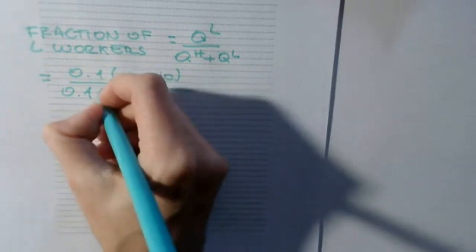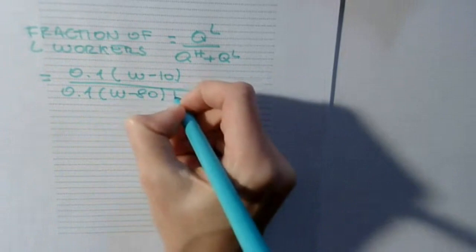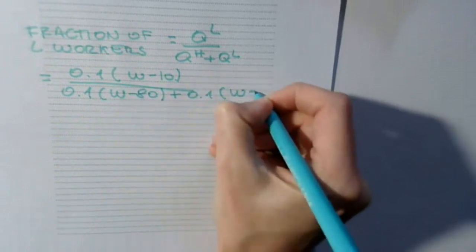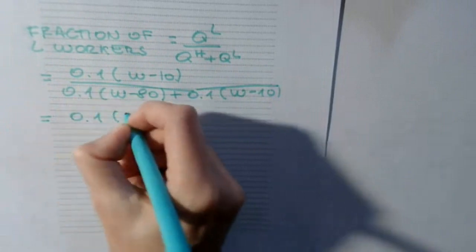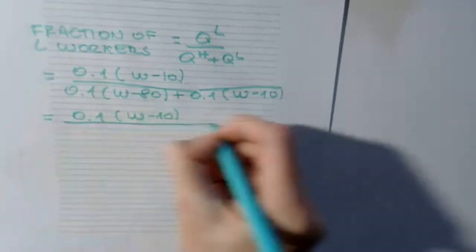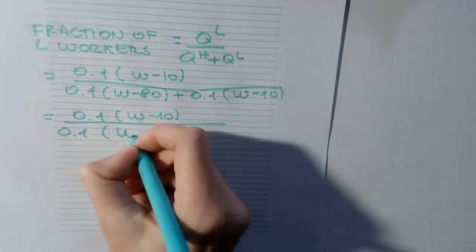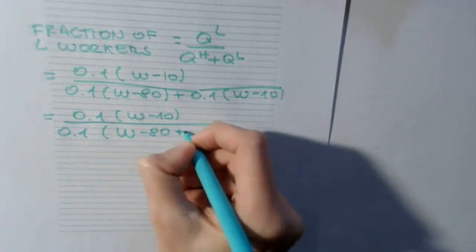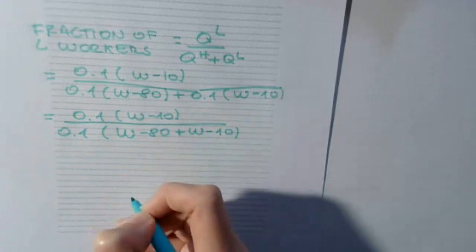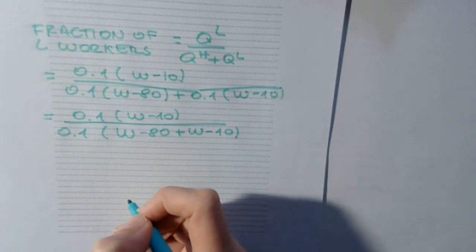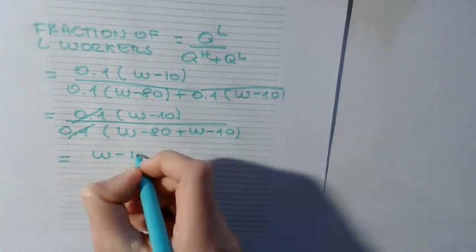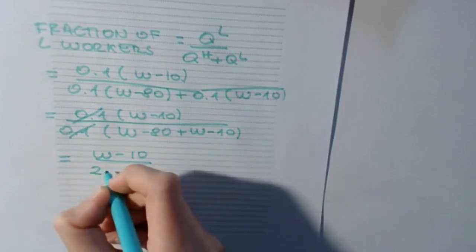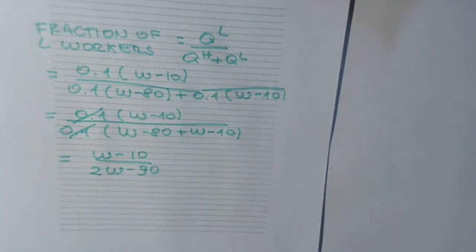So 0.1 times (W minus 80) plus 0.1 times (W minus 10). We repeat exactly the same. So we just find a way to simplify. 0.1 times (W minus 80) plus (W minus 10). And so here it goes away and we get W minus 10 over 2W minus 90. Okay.